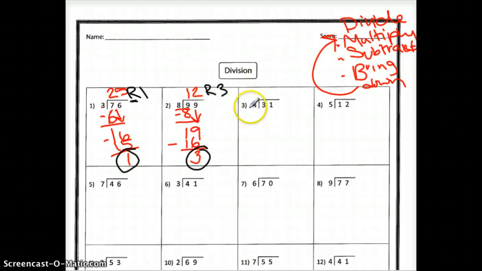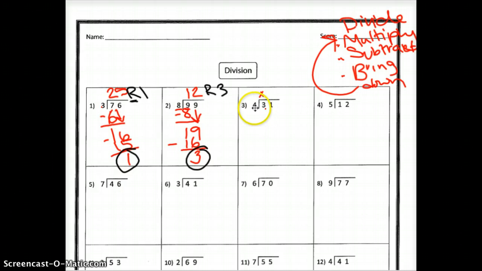Alright, let's look at this next one. This next one's a little bit different. I cannot do 3 divided by 4 because 3 is smaller than 4. 4 does not go into 3. So I place an X or a 0, and then I do 31 divided by 4. How many times does 4 go into 31? Well, I know 4 times 6 is 24.